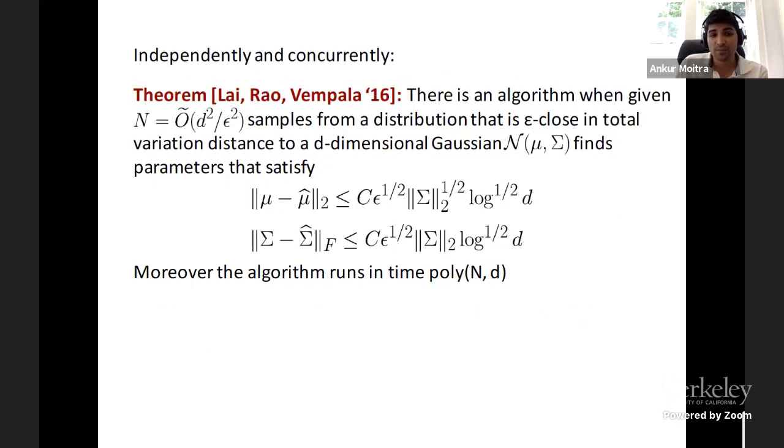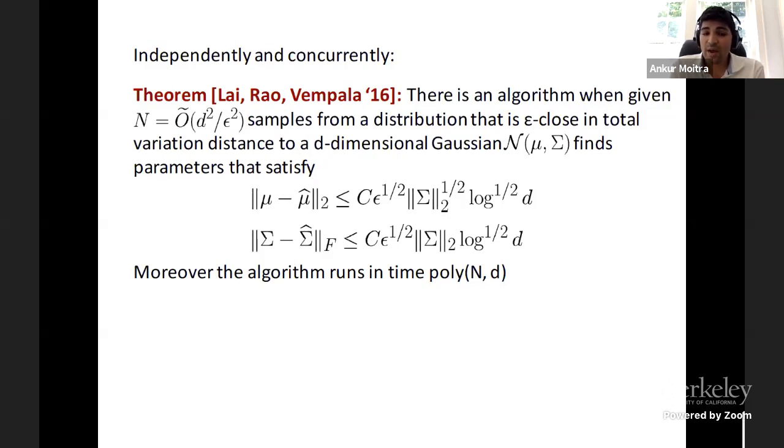At the same time, independently and concurrently, Lai, Rao, and Vempala gave the following algorithm for robustly estimating a d-dimensional Gaussian. So they managed to get that the L2 norm between mu and mu hat is roughly epsilon to the 1/2 times some extra factors that depend on the underlying covariance times a polylog n d factor.